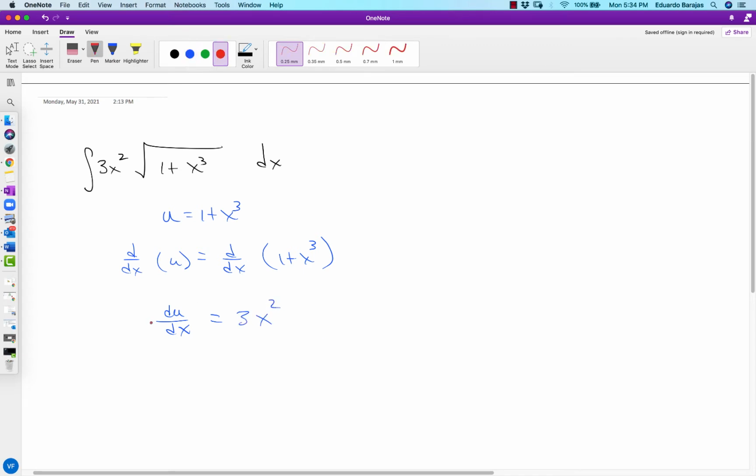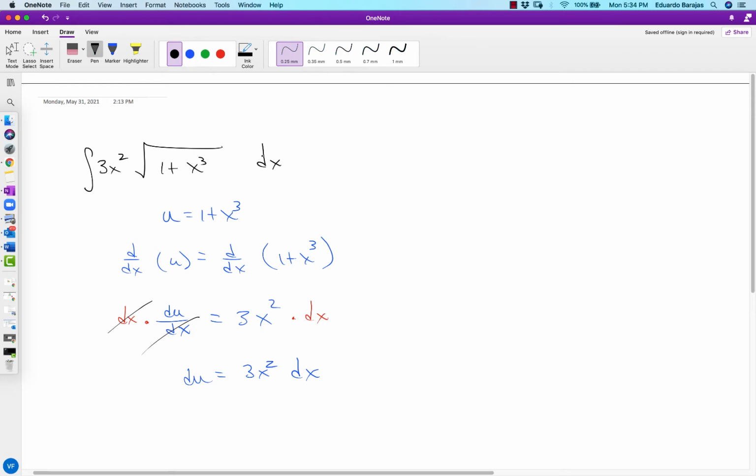I'm going to multiply both sides of the equal sign by dx, and here these guys cancel. And so I end up with du equals 3x squared dx. And there it is, 3x squared dx.